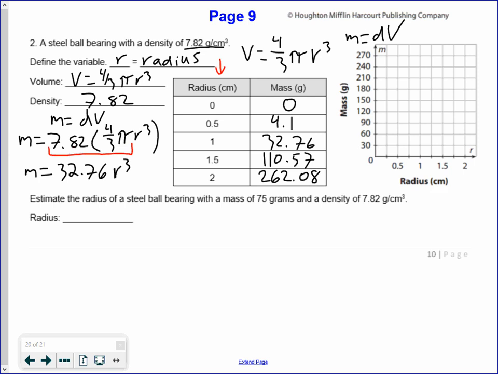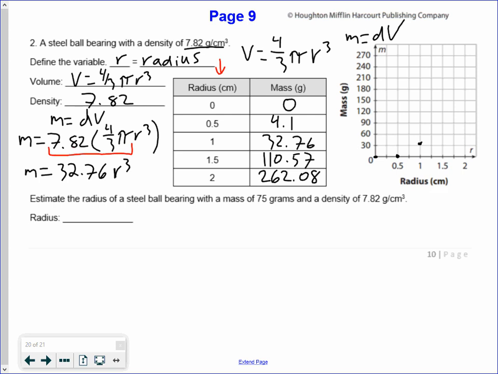So what I'm going to do is plug these in and graph my function. My radius is 0, mass 0. My radius is 0.5, I get 4.1, which is really close to 0 compared to the rest of the graph. When my radius is 1, it's 32.76, so about right here.